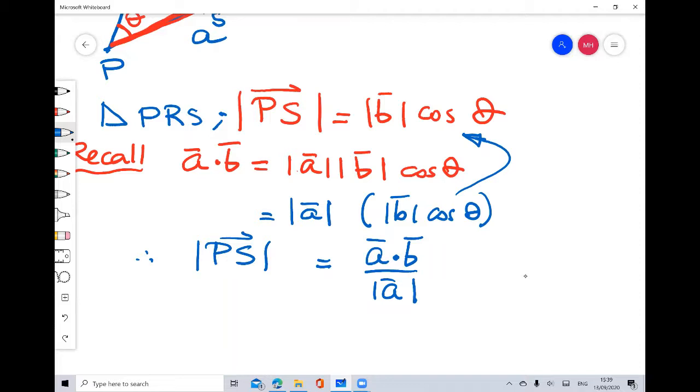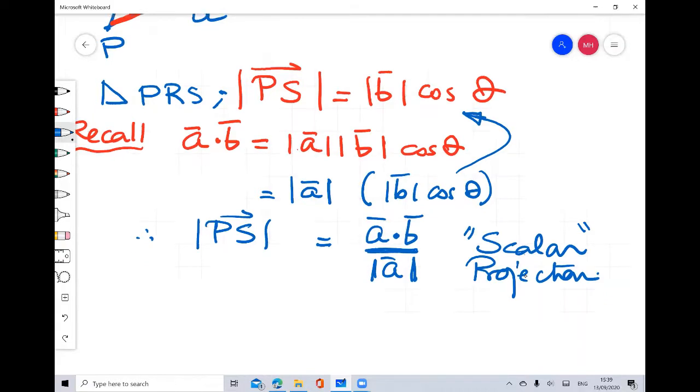We call this, actually A dot B is a scalar, has a scalar result. Magnitude definitely is a scalar, so that's why we're talking about length here. This is the scalar projection, okay? If I only need the length of the projection, I'm only concerned with this component.